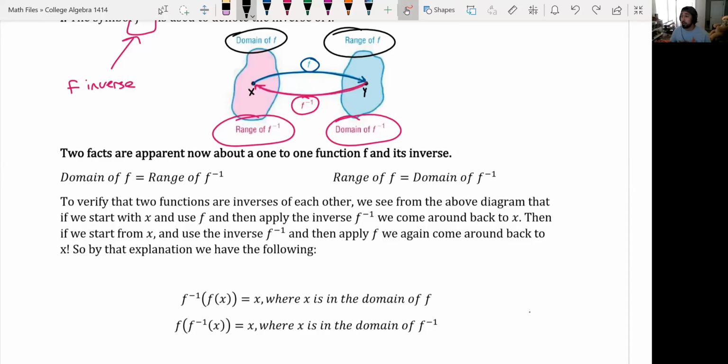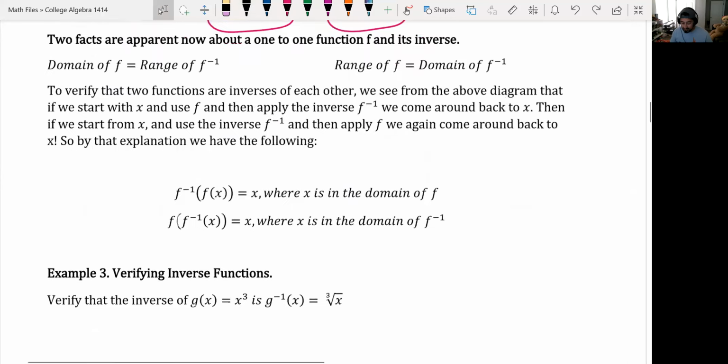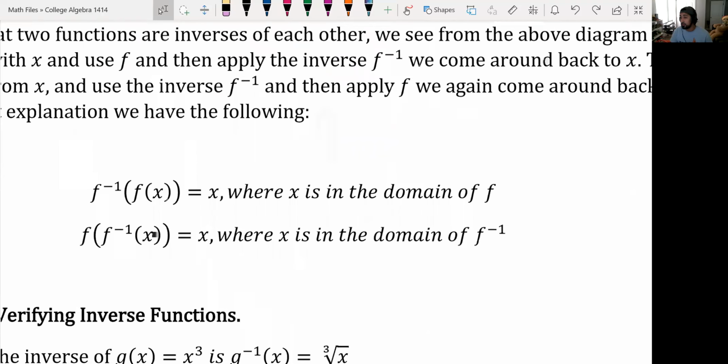So in order to prove that functions are inverses of each other, we are going to compose them with each other. And if the result ends in x, we know that these are true inverses of each other. So down below, we see that if you take the inverse and compose it with the original function f of x, if they are true inverses of each other, then the end composition results as an x.